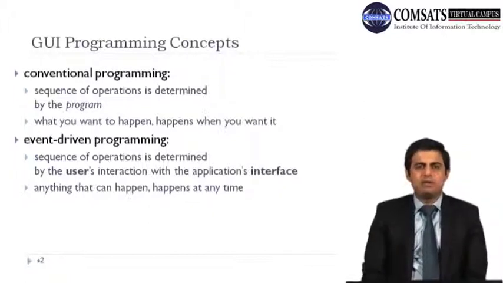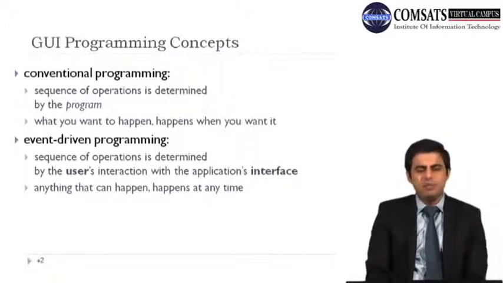Before looking at the programming concepts which GUI offers, let's compare conventional programming and event-driven programming and look at the difference between them. In conventional programming, the sequence of operations is determined by the program.